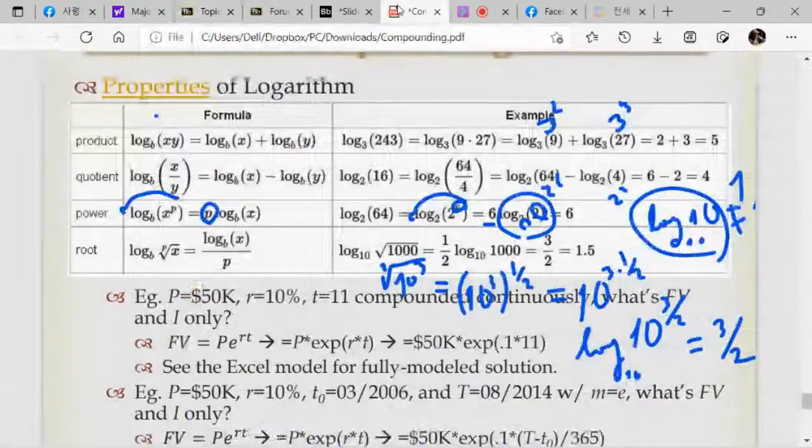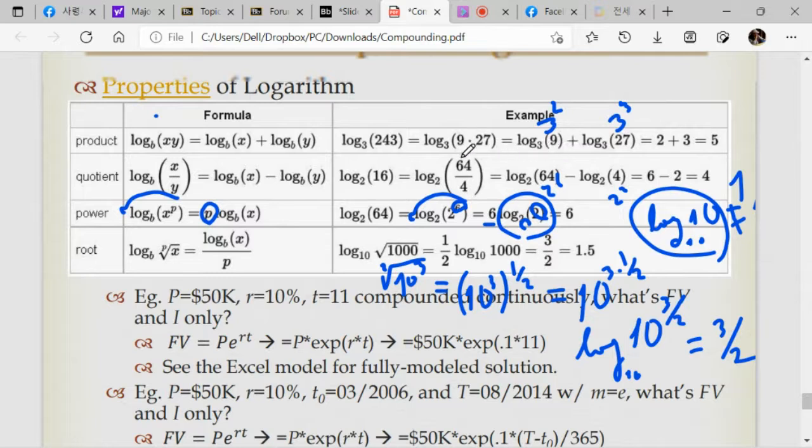So let me take you back to the properties of log. One of the properties of log is, if we have the log of a number which is a product of other numbers, the log of x times y can be broken into log of x plus log of y. So 243 is like 9 times 27, which is log of 9 and log of 27.